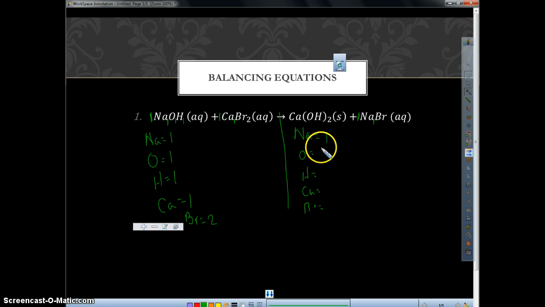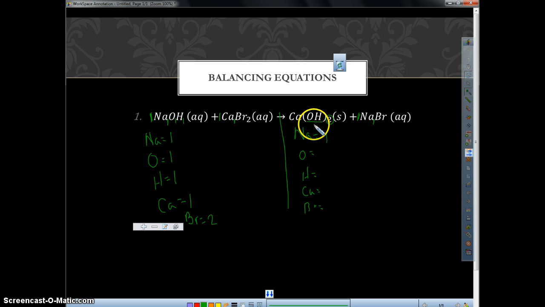For oxygen, I notice oxygen is inside these parentheses, and there's a 2 behind those parentheses. The 2 here is a subscript for this stuff in parentheses because it's listed behind those parentheses. So if I wanted to figure out how many oxygens I had, this 2 is basically saying I have 2 of these units.